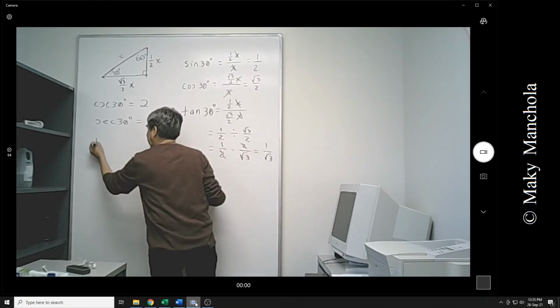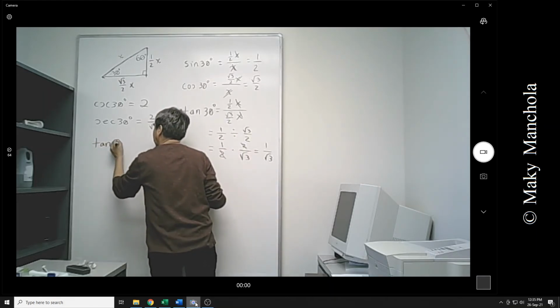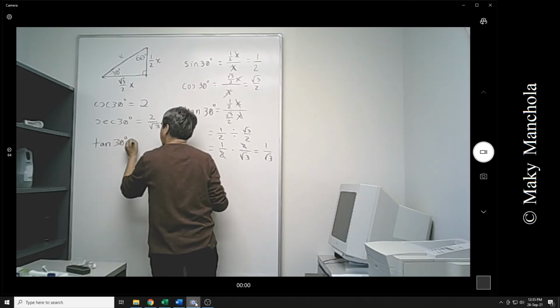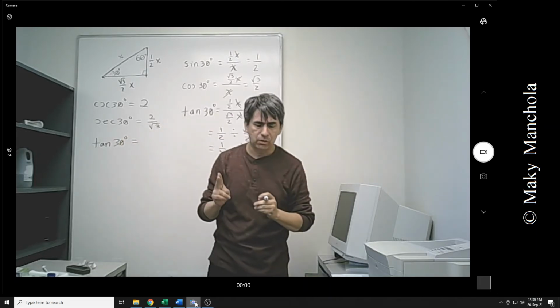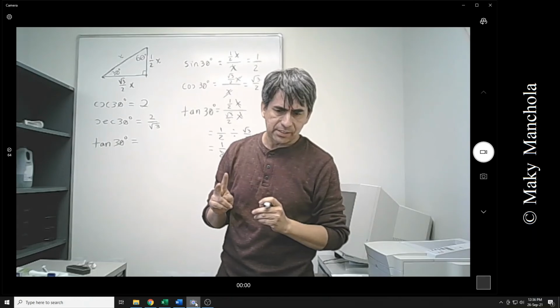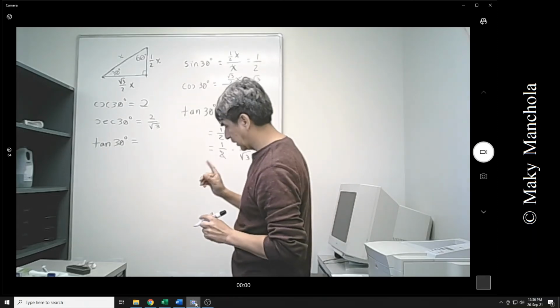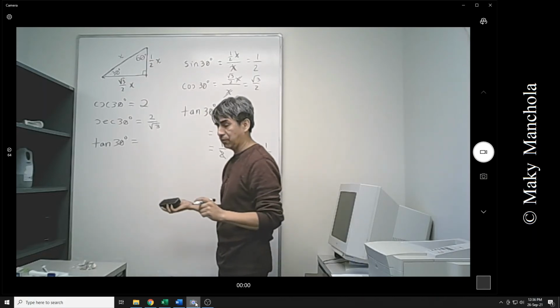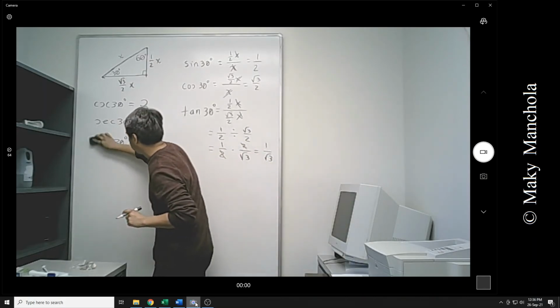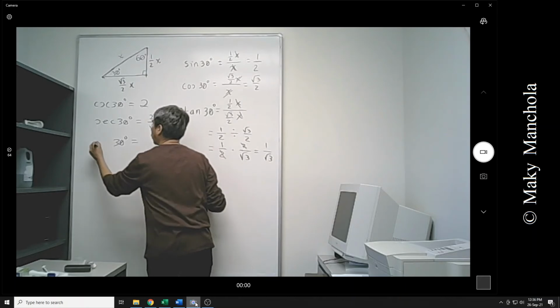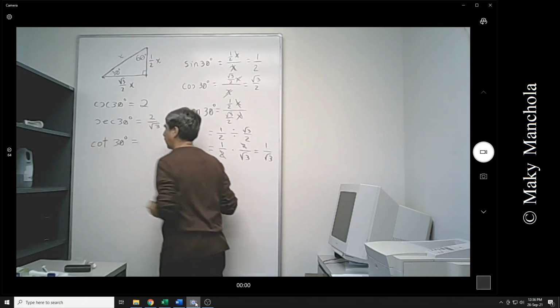And what about tangent of 30 degrees? I want cotangent of 30 degrees. Let me correct this. So what about the cotangent of 30 degrees?